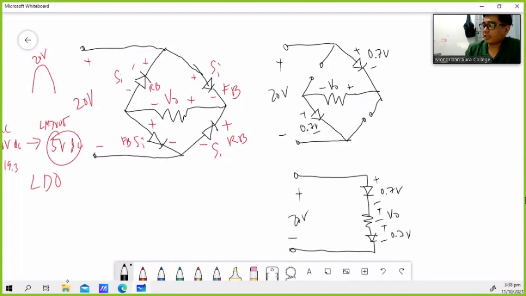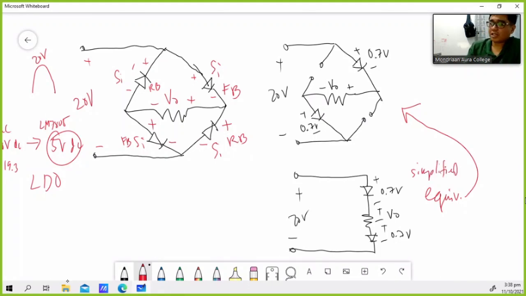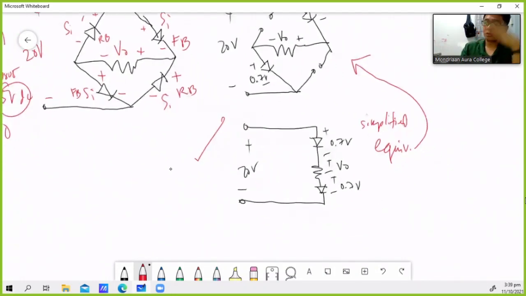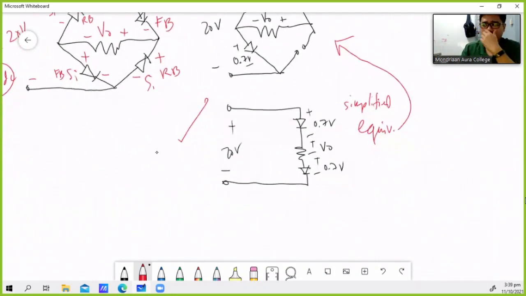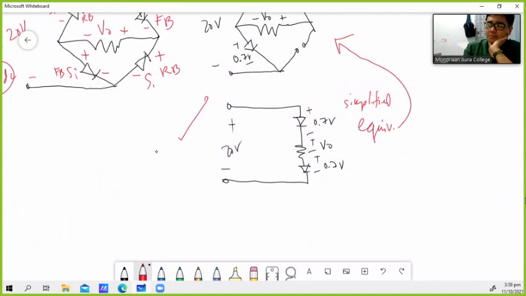So itong circuit na to, this is your simplified equivalent circuit. So yung nasa baba na to, equal din naman siya dun sa nasa taas. Naka-straighten out lang. Tsaka tinanggal ko lang yung mga may branch na naka-reverse bias. So what will be the output voltage? Visually, pwede natin makita, but i-KVL na lang natin para mas accurate yung makuha natin.